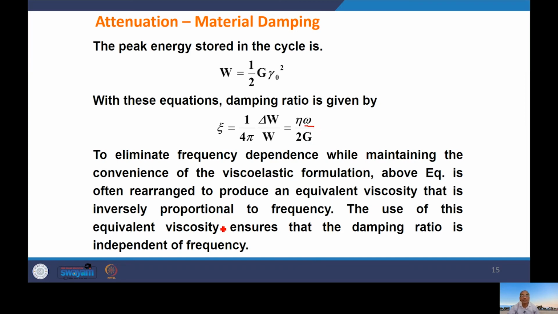But normally an equivalent damping ratio is found using equivalent viscosity, if I put the value of eta in such a way that eta is inversely proportional to omega. In that case, eta omega will be constant and will not be varying, and that form of the damping ratio will be called static damping ratio. The use of this equivalent viscosity ensures that the damping ratio is independent of frequency.